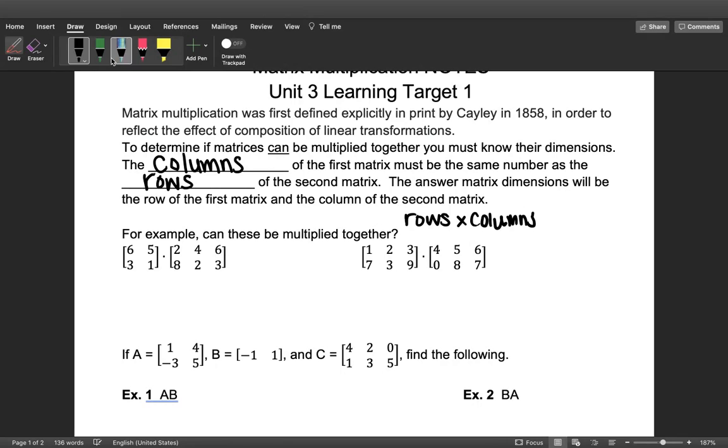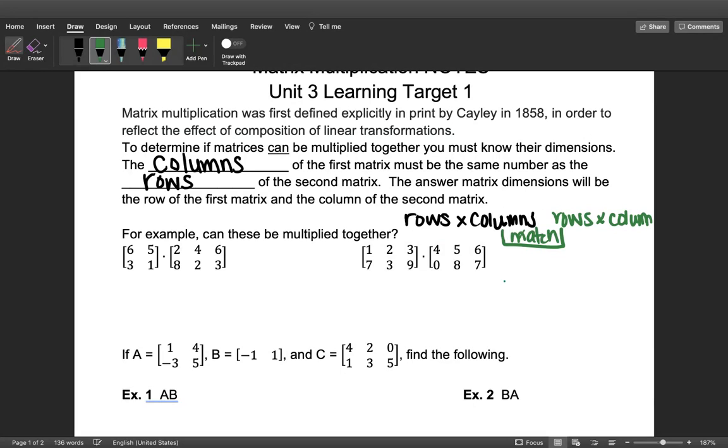And we'll do a second one. Rows by columns. Okay. So in the first matrix, this number must match this number. So match.